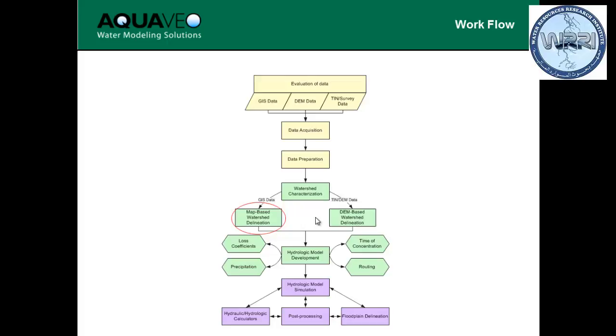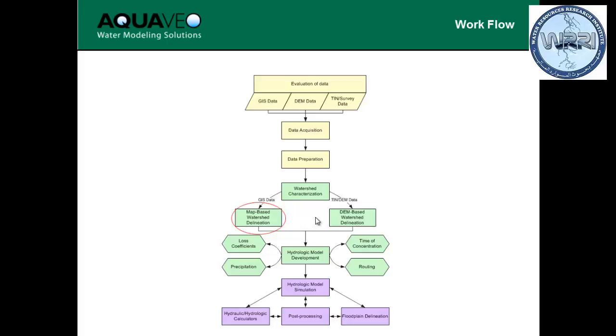There are two ways of doing watershed models. One way is just map-based modeling, and that's if you don't have a DEM. Or if you do have a DEM, then maybe you still want to manually define your watershed. That's map-based watershed delineation.